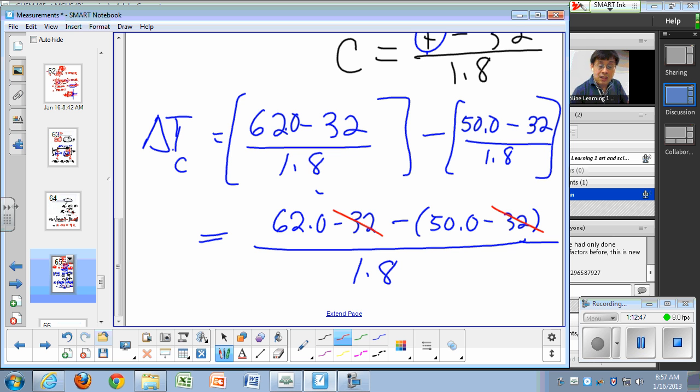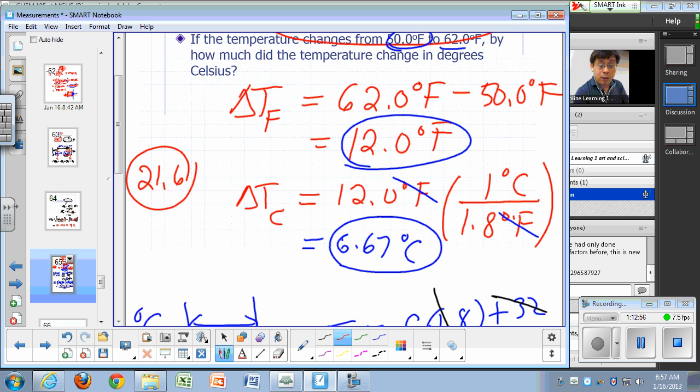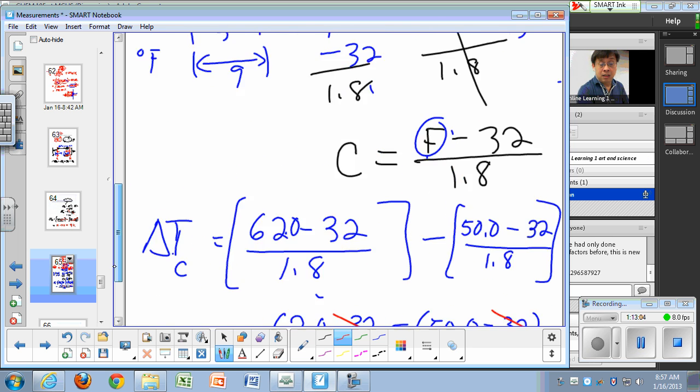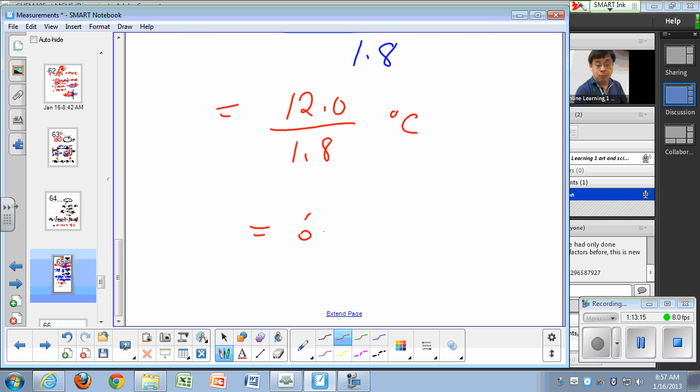That's just the change in the Fahrenheit reading. Essentially, you're just dividing it by 1.8. Whatever the change on your Fahrenheit scale is, you divide it by 1.8 to get the change on the Celsius scale. So what you have here is just 12.0 over 1.8, the change in degrees Celsius. That gives you 6.67 degrees Celsius.